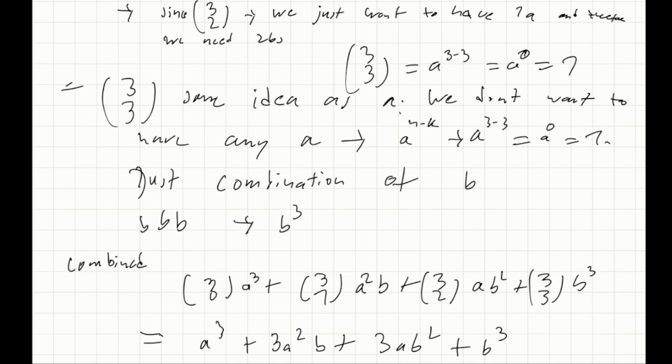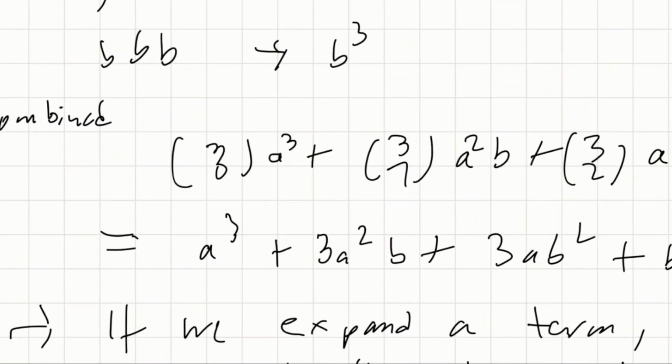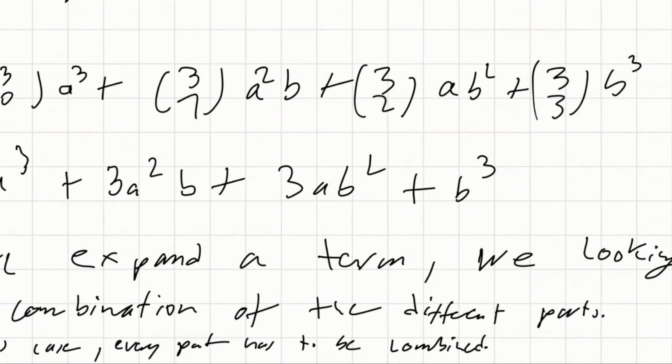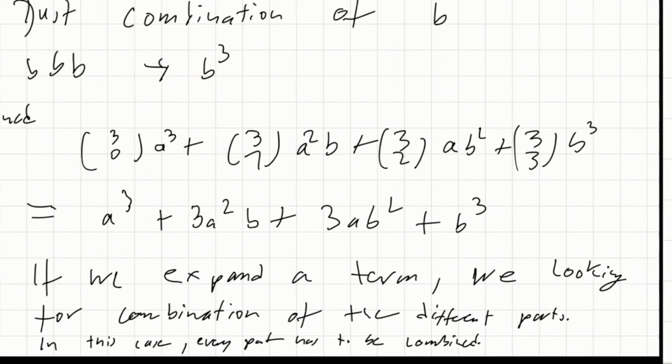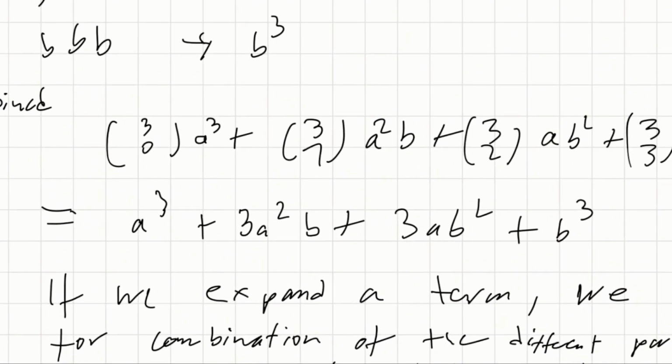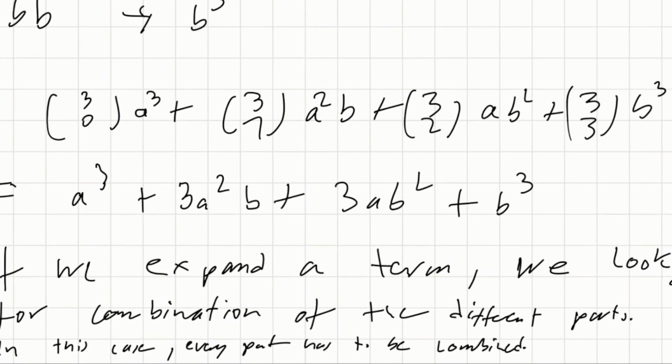So this is just for combinations with B, and therefore BBB is b cubed. Everything combined gives us 3 over 0, a cubed plus, and so on. And obviously what we get is a cubed plus 3a squared b plus 3ab squared plus b cubed.